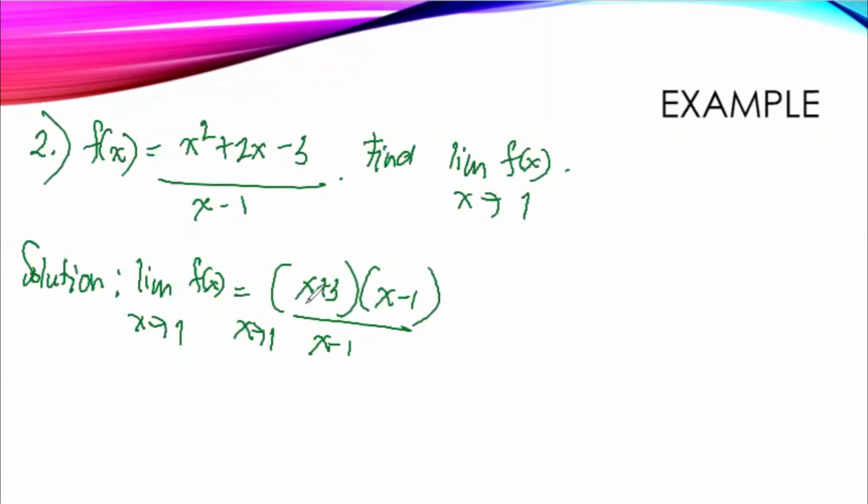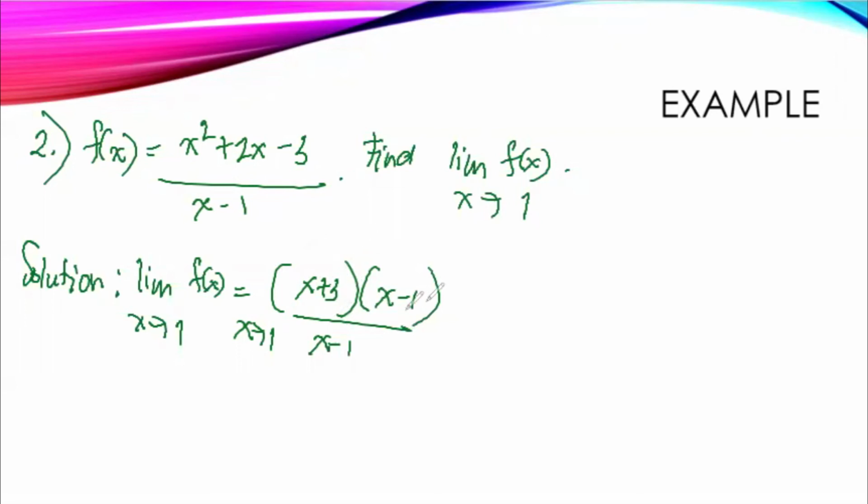Now, take note that we have a common factor in the numerator and denominator, so this will be canceled out. Because if we directly use the theorem, that is finding the limit of the numerator and denominator, we can have a value of 0 in the denominator, so it cannot be. That's why factoring this out first is very, very important.